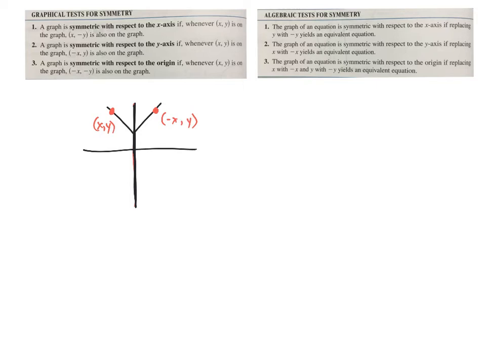Okay, and then the last case is if you have origin symmetry. So origin symmetry is when for every xy that exists, and you can see it right here, negative x, negative y also exists. And the way that I would describe kind of visually what that would look like is if you imagine that the origin is a knob.